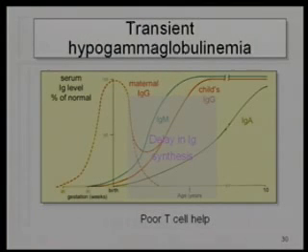Okay, the transient hypogammaglobulinemia is a condition that is seen in a certain window in child development. Okay, if you remember from Dr. Mayer, he told you that newborns have got a full component of immunoglobulin, but only IgG.